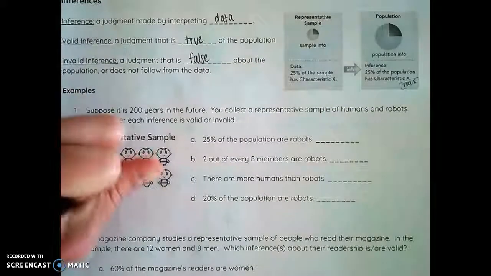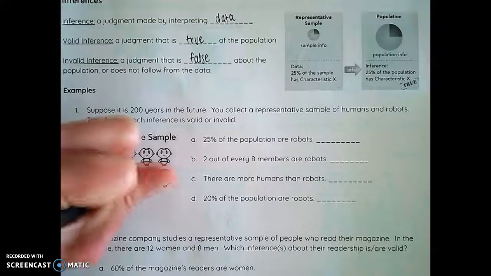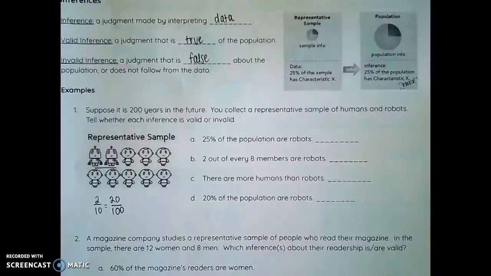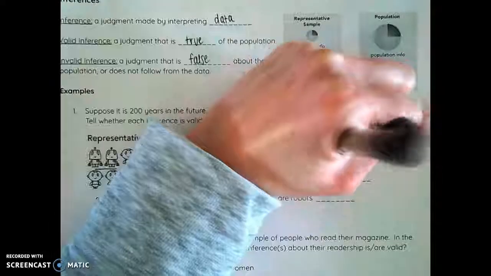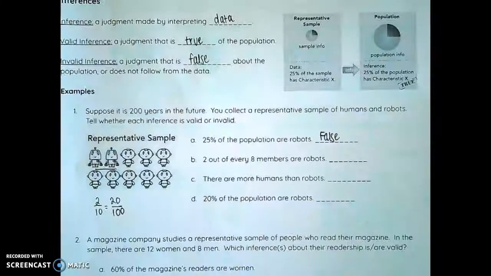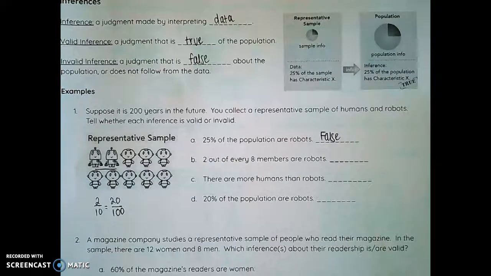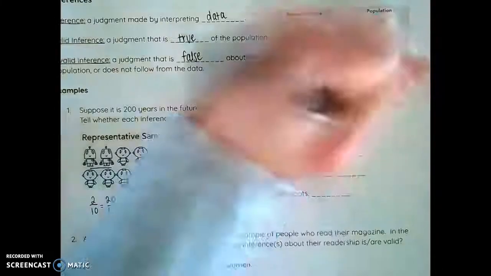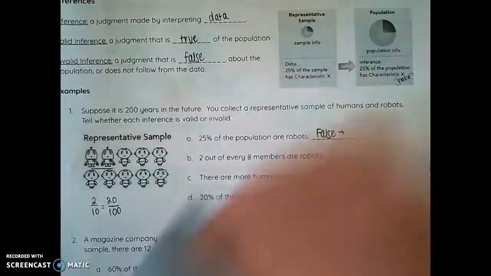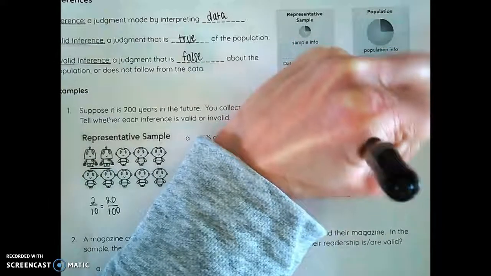Now 2 out of 10 is the same as 20 out of 100, or 20%. So it's false that 25% of the population would be robots. Now it's pretty close to that, but it still is not a true inference, and so we would say that that is an invalid inference.